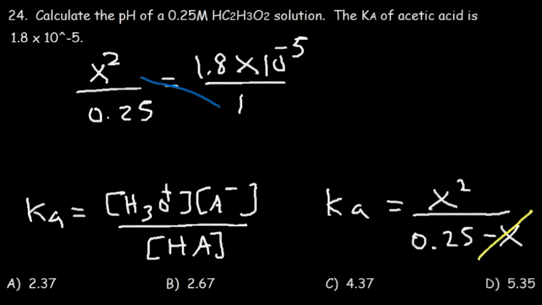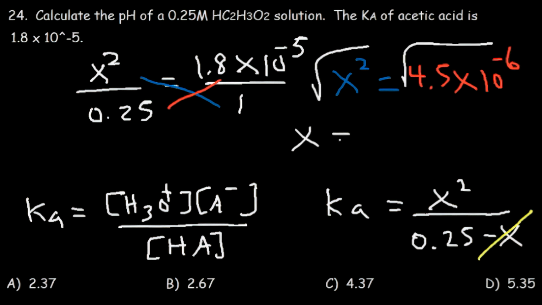So 1 times x squared is x squared, and then 0.25 times 1.8 times 10 to the minus 5. That's about 4.5 times 10 to the negative 6. Now at this point, we can square root both sides. So x is about 2.12 times 10 to the minus 3.